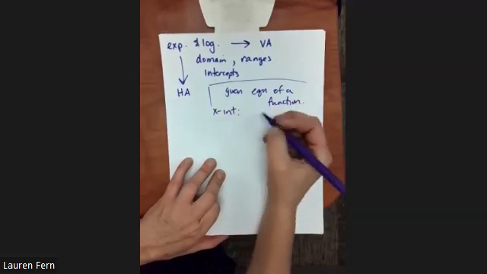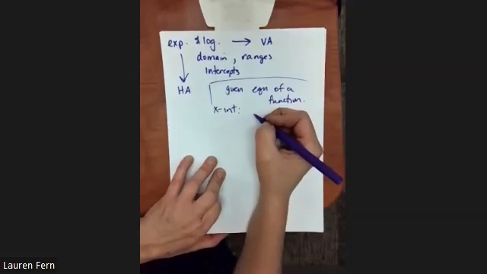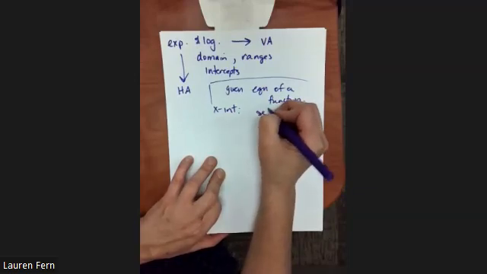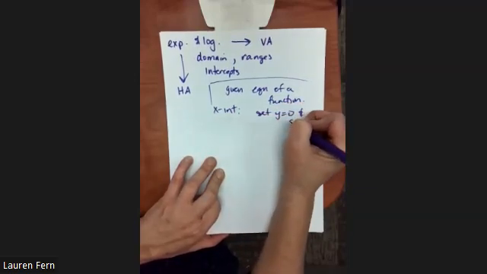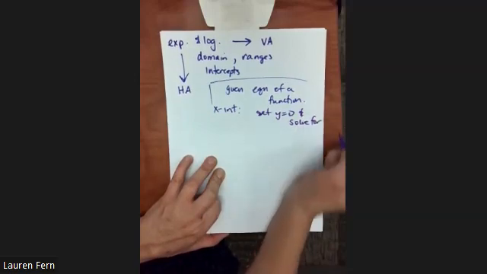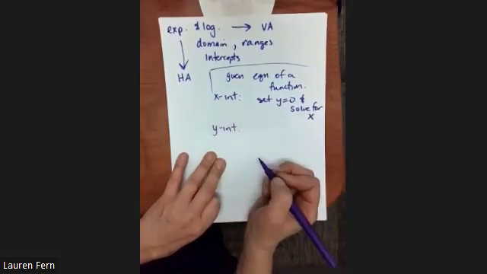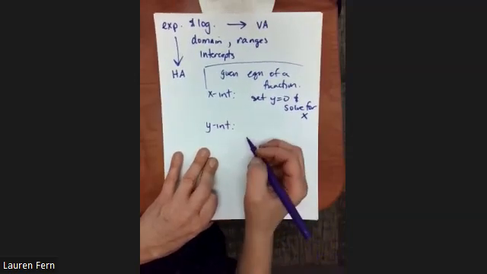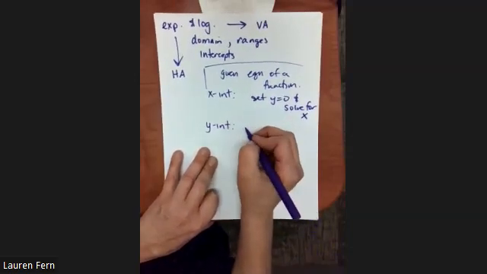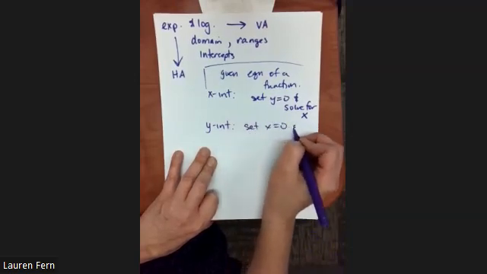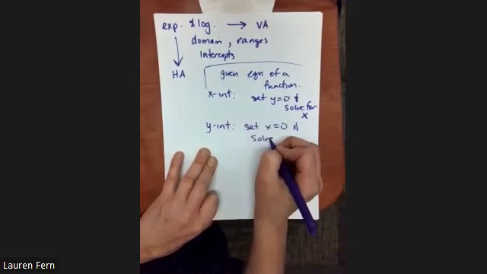What do you do? Good. You set y equal to 0 and solve for x. And similarly, if you want to find your y-intercept, what do you do? You set x equal to 0 and solve for y.